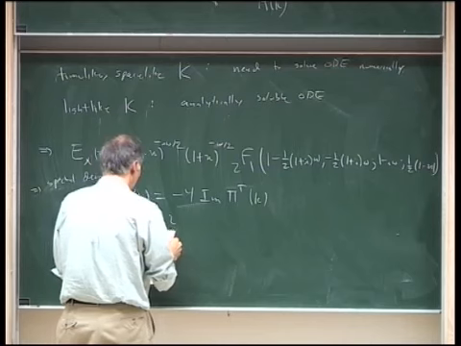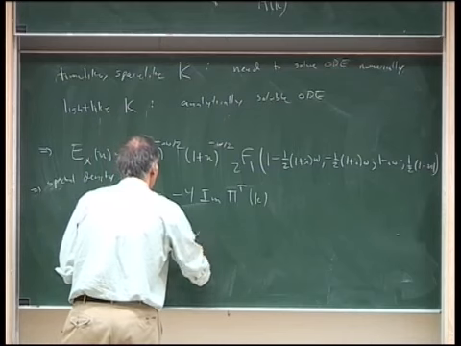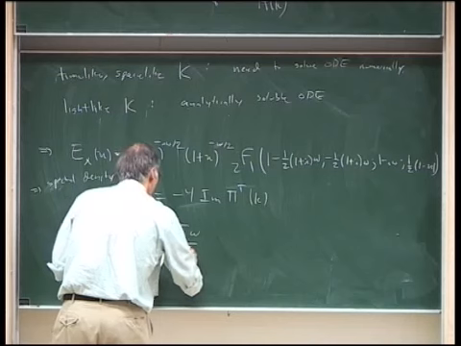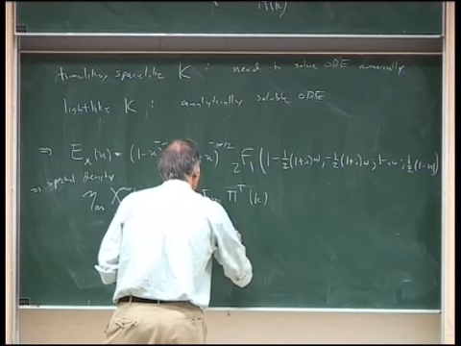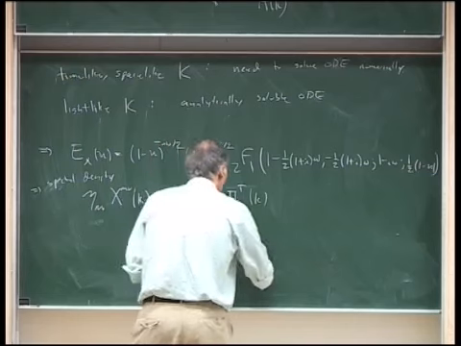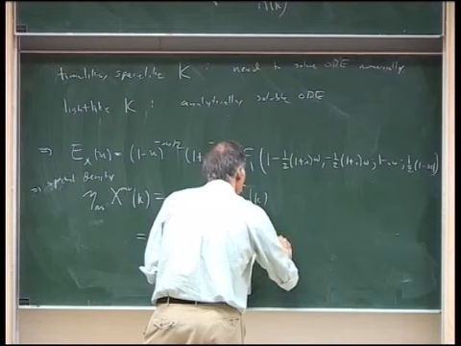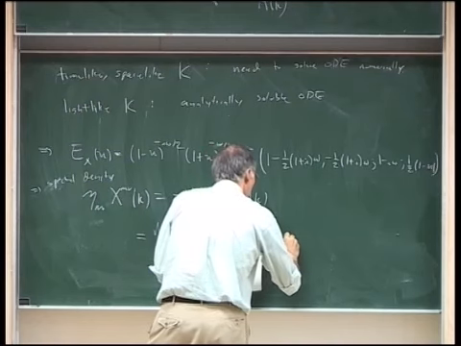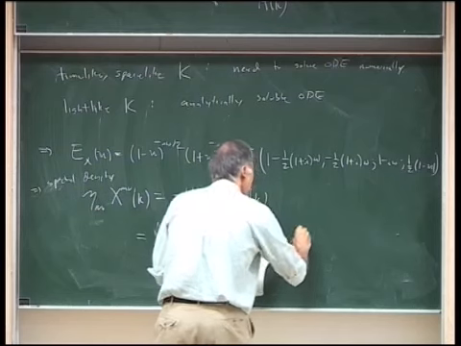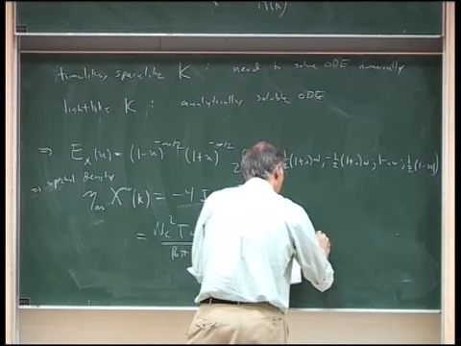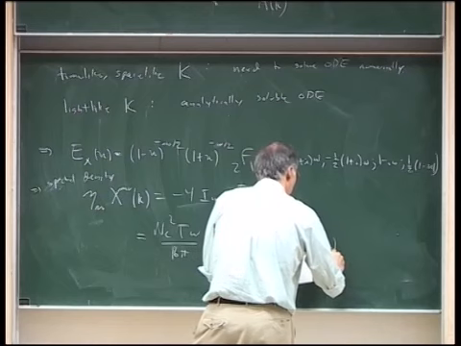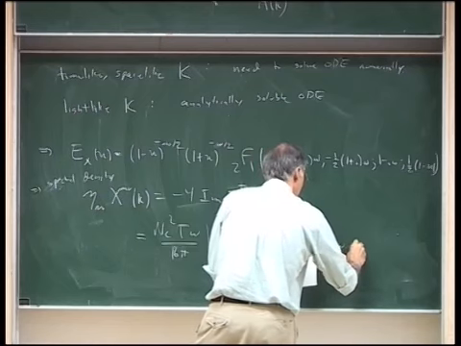Well, it has our overall factors of Nc squared. And with a little playing around with identities of hypergeometric functions, you can write it as the absolute square of a particular hypergeometric function.